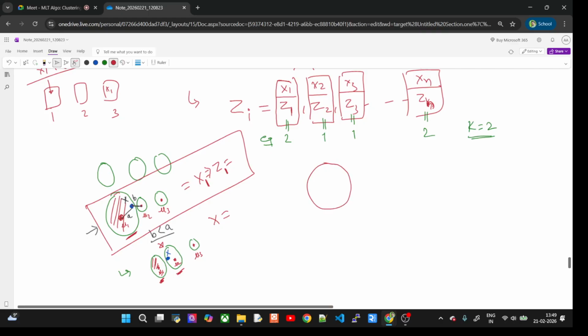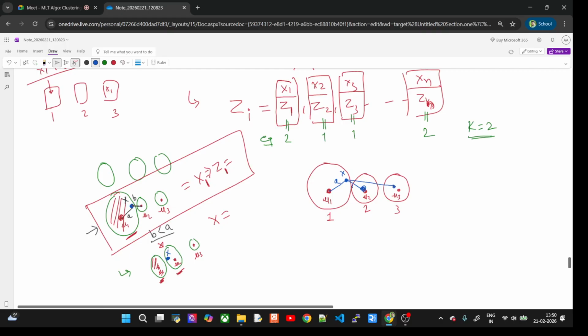I will just draw another small one. So this is a mean, this is a mean, this is a mean: mu1, mu2, mu3. This is cluster 1, cluster 2, cluster 3, and this is the problem point, the x point. And you calculated the distance between this and here, and then here also.